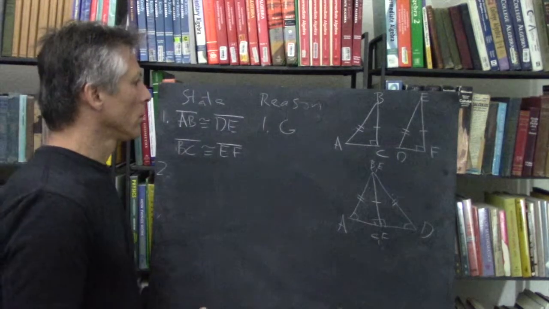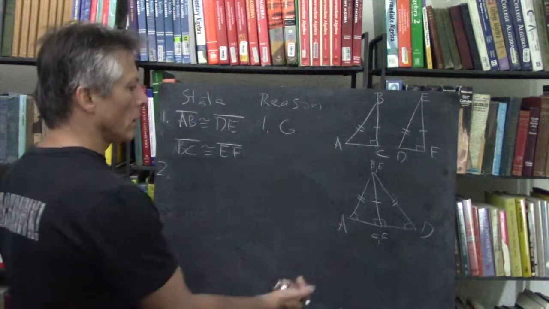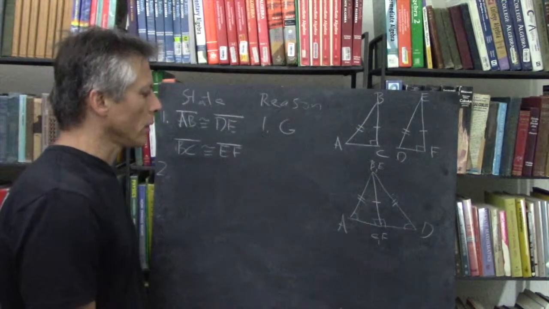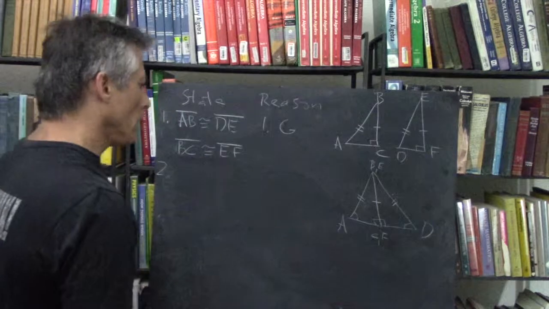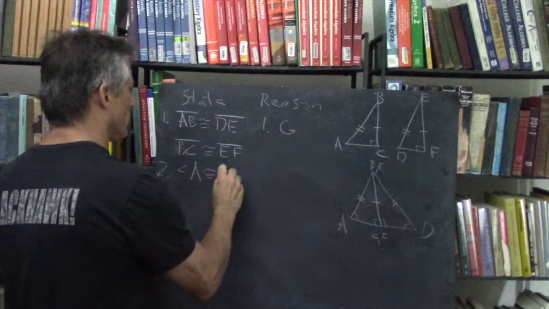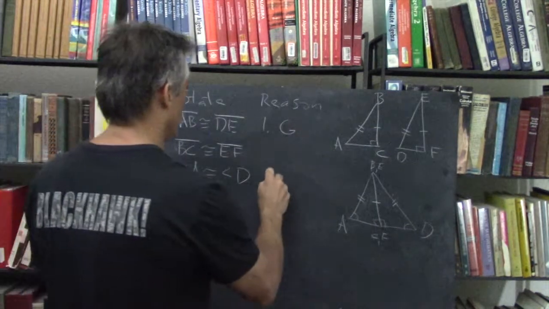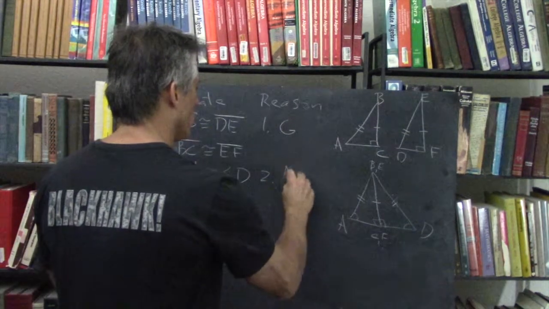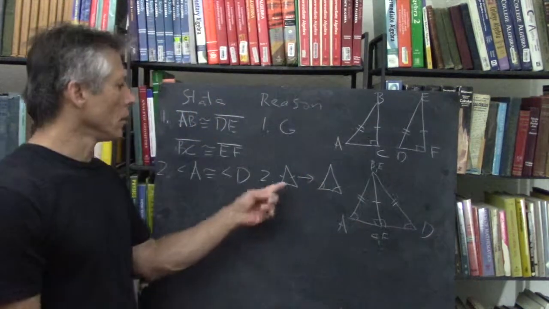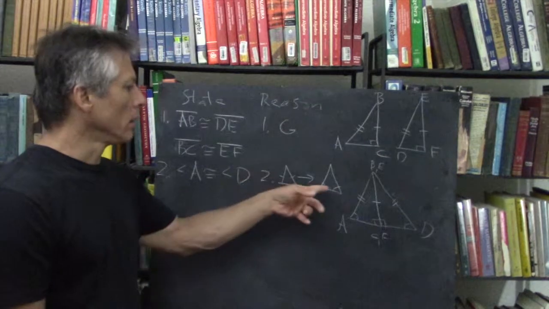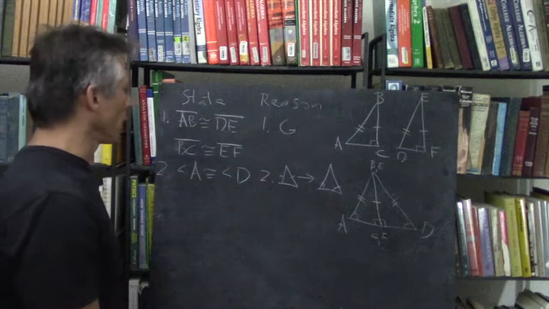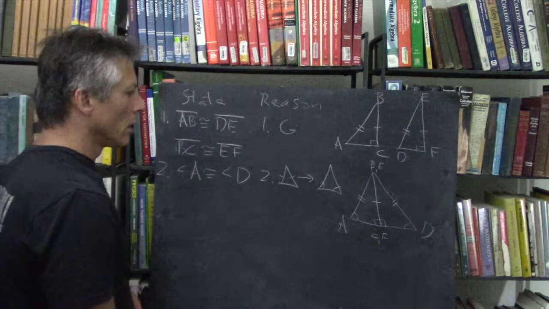Step 2, we know by the isosceles triangle theorem that angle A is congruent to angle D. So congruent sides in one triangle implies congruent angles in that same triangle. The opposite angles, the base angles.